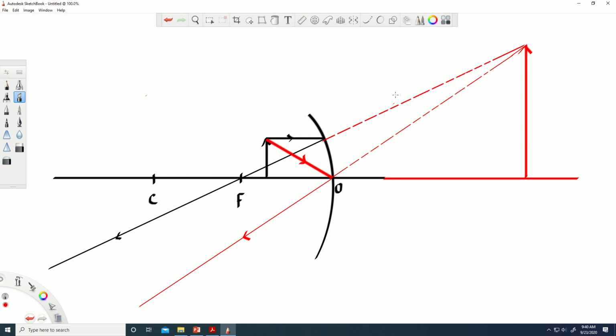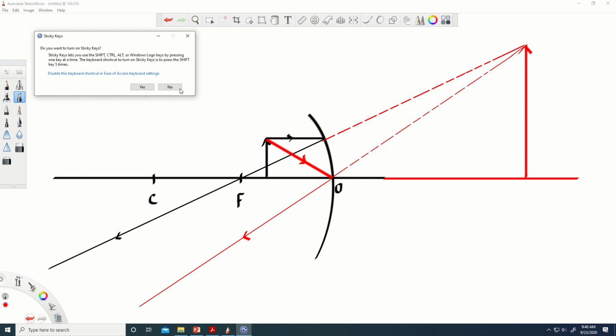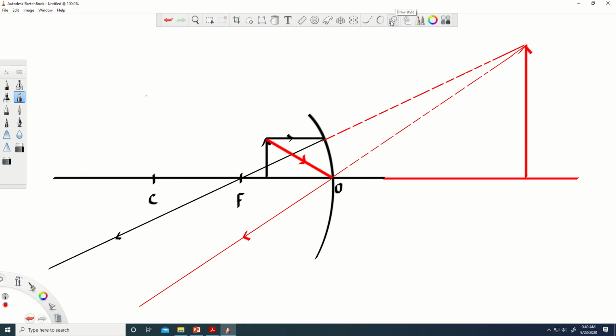But this image is not formed by real intersection. This is formed by the rays that are produced backwards. So when there is no real intersection and the image is formed by producing the rays backwards, then this kind of image is called a virtual image. Okay? This is a virtual image, not a real image.